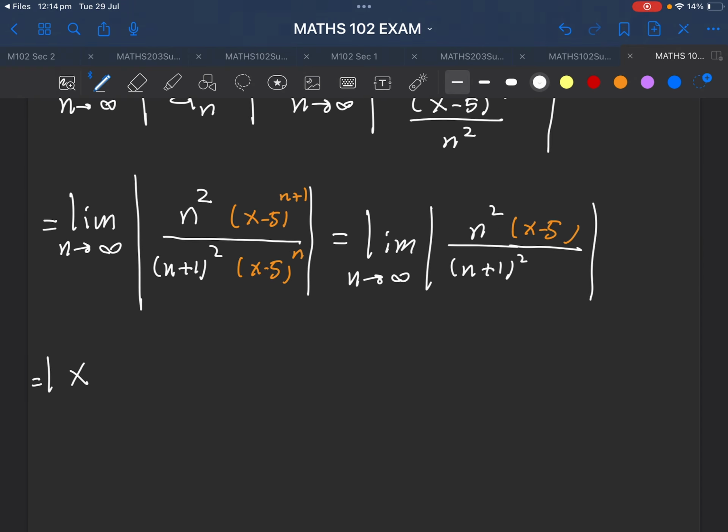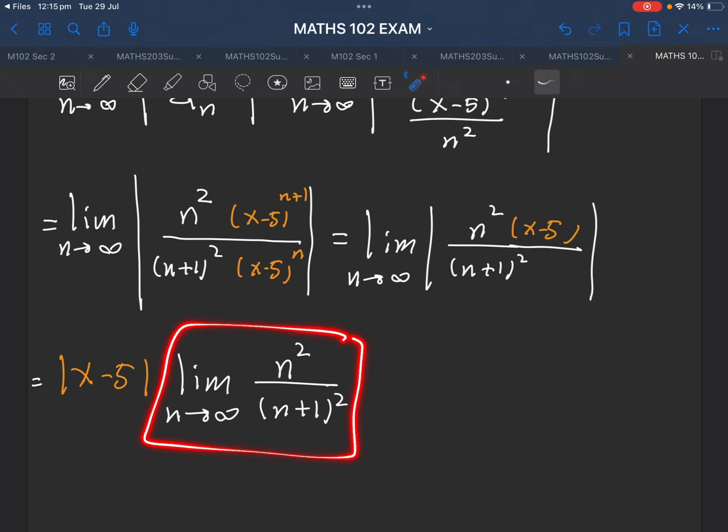Now, if we take x minus 5 outside, we need to take it with the absolute value, because we don't know the x. What is remaining is always positive, so I don't need the absolute value for the n, because n is already positive. Now, we need to find this limit.